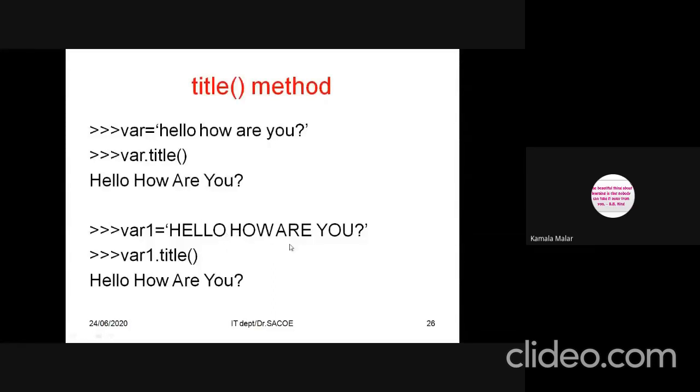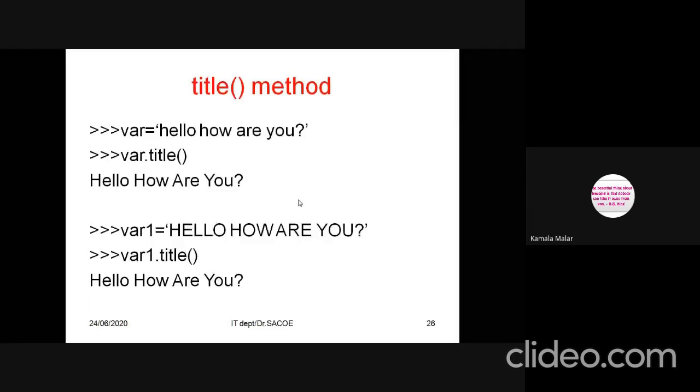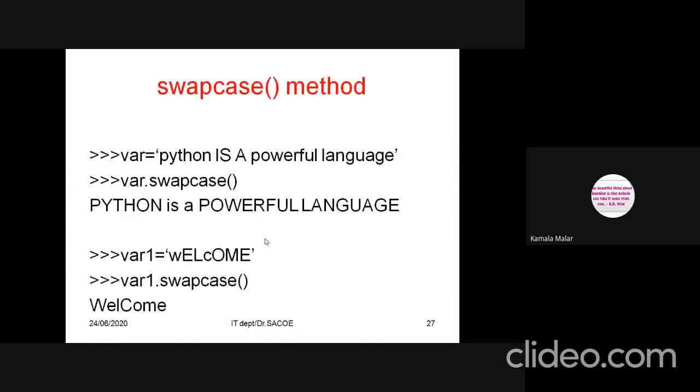For example, here we have given all the letters in uppercase, but since we are using title, the first letter will be capital and the remaining will be returned in lowercase. So next, swapcase. Swapcase means if you give lowercase it will return uppercase, and if you give uppercase it will return lowercase. Likewise, vice versa.